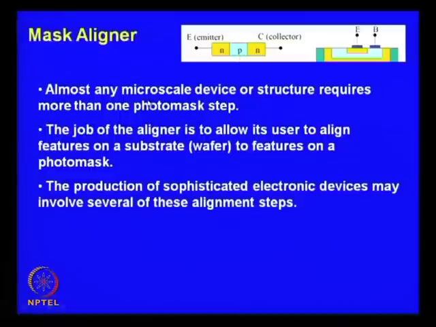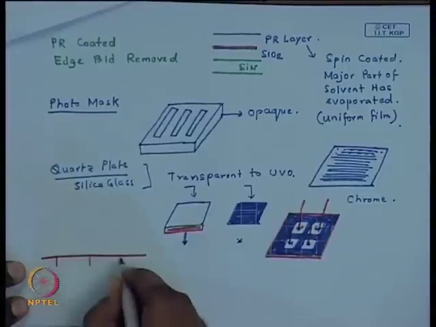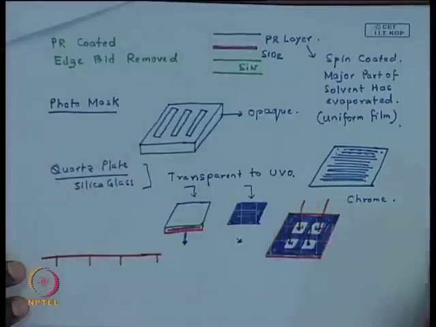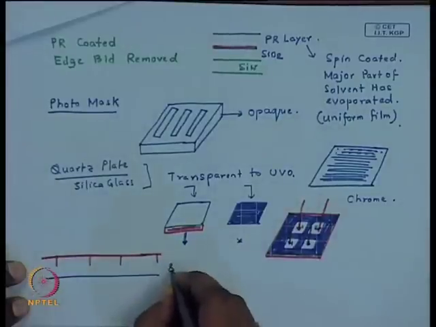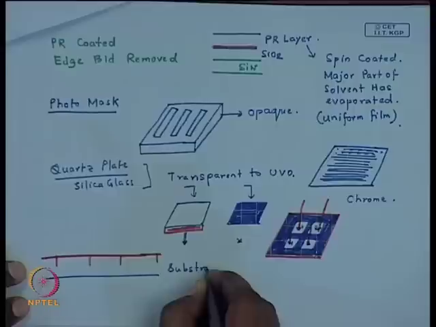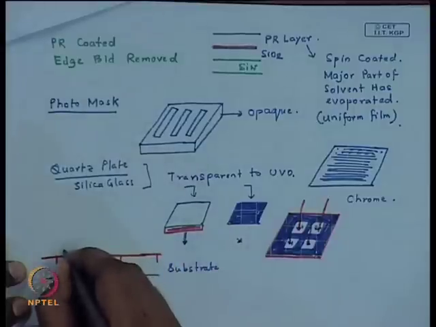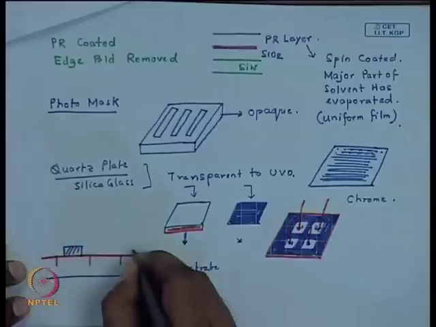Almost any microscale device or structure requires more than one photomask step, and the job of the aligner is to allow its user to align the features on a substrate to features on a photomask. So now the issue changes: you have these features on, let us say, a substrate, and you now want to bring in a second mask which will create a structure like this, exactly at the middle of these domains.